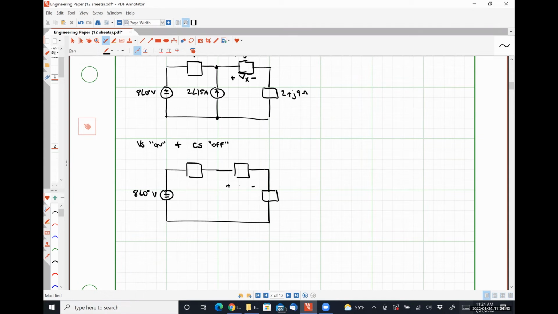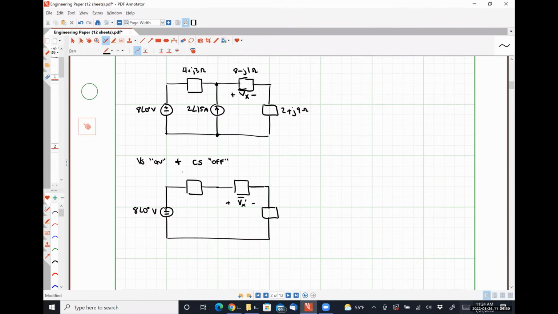This guy is going to be Vx prime. This should be 4 plus J3 ohms. This is 8 minus J1 ohms, 2 plus J9 ohms.